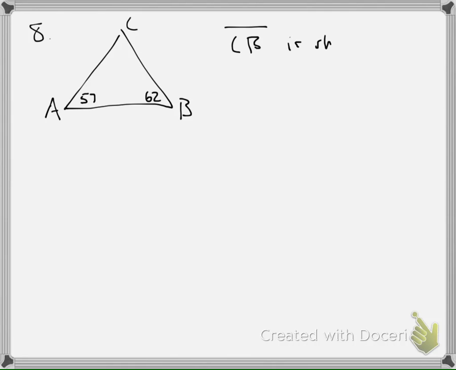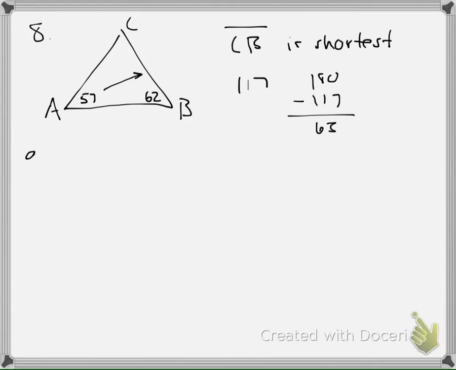That's because you add 57 plus 62 and you get 117. And then 180 minus 117 equals 63. So the angle opposite 57 would be the shortest, and that's segment CB.